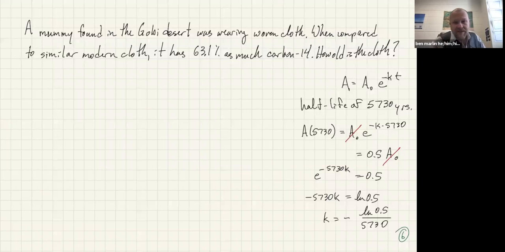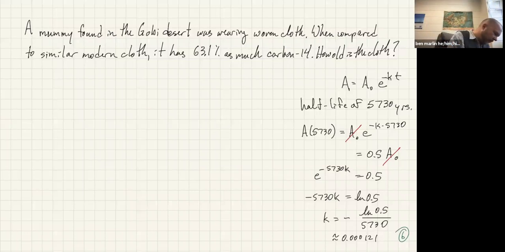Personally, I don't like the whole setup trying to force the k to be positive and stuff. So yeah. Well, in any case, if you're approximating that, you're going to get about 0.000121. And you can be more exact than that if you want to, okay? But we are going to make use of that as we go along here. And we're going to estimate how old the cloth is.